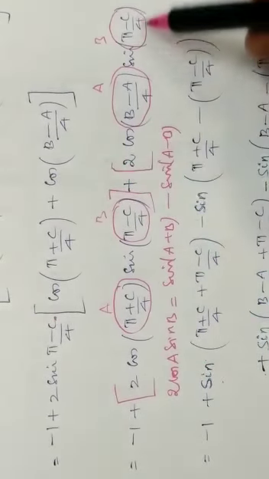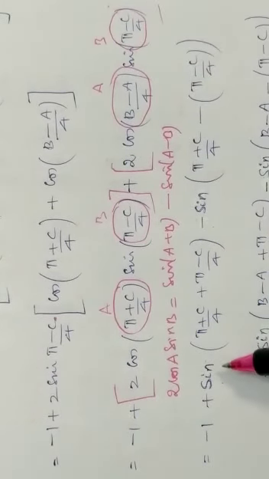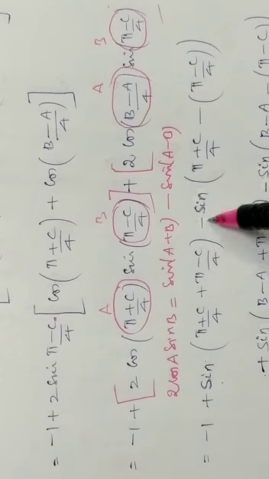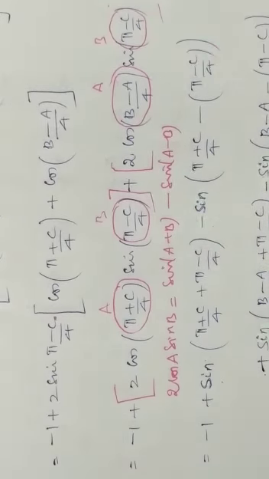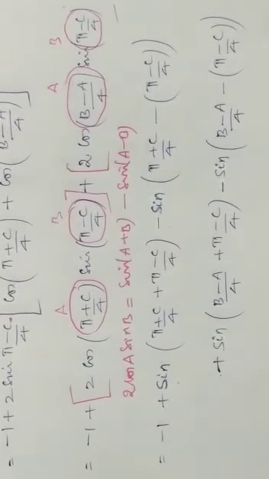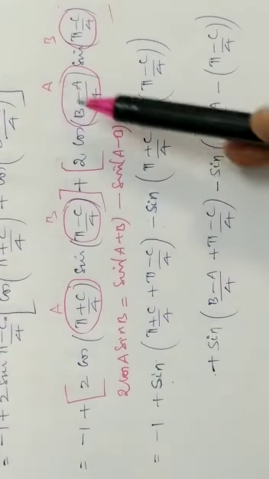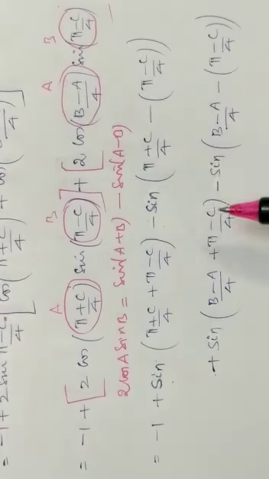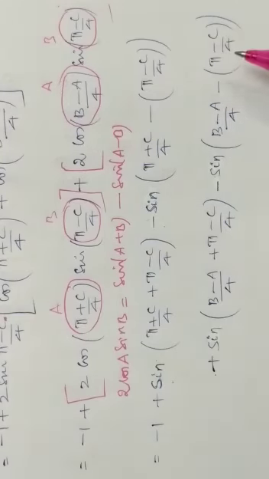Again, for this we have to use the formula a second time: sin(A+B) minus sin(A−B). You are having plus, so plus sin(A+B) minus sin(A−B).